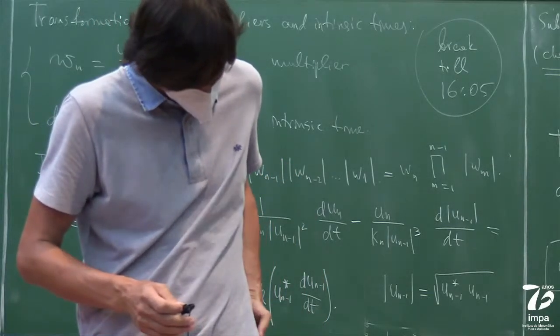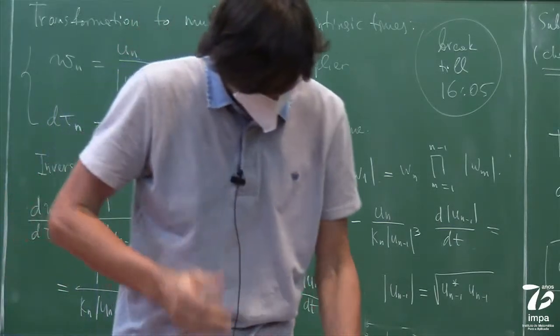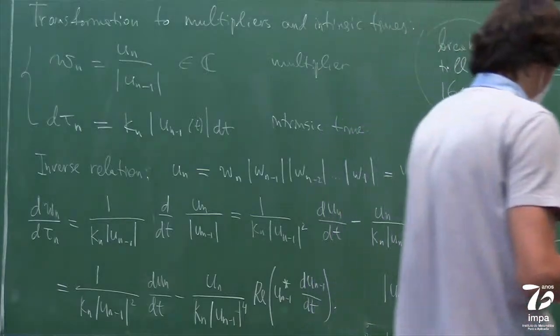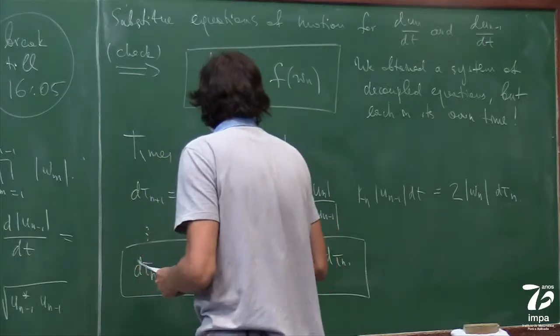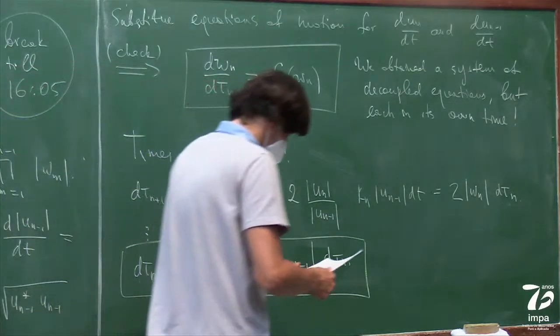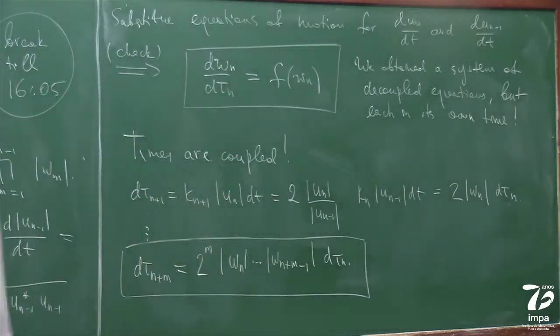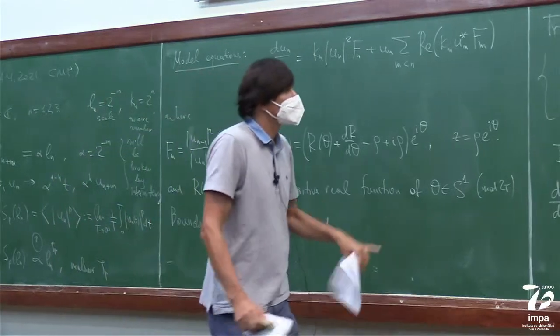Let's continue. So now, as we have the equations, we can solve them, because it turns out it's not so difficult to solve them. We have an explicit expression for f. So for this f, the equation can be solved.